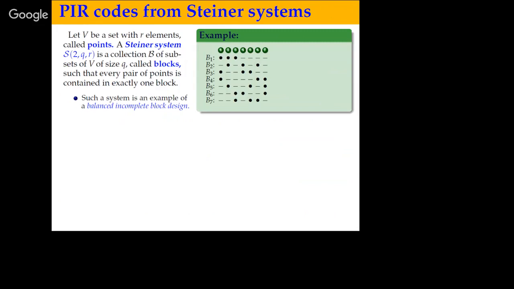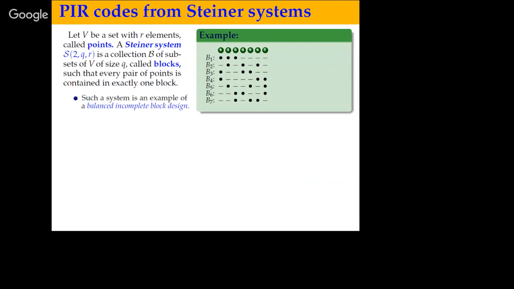So here's the first of them, Steiner systems. All right, so how many of you have not seen a Steiner system? Some people. I think some of you have, some of you have not, but in any case, let's define it.